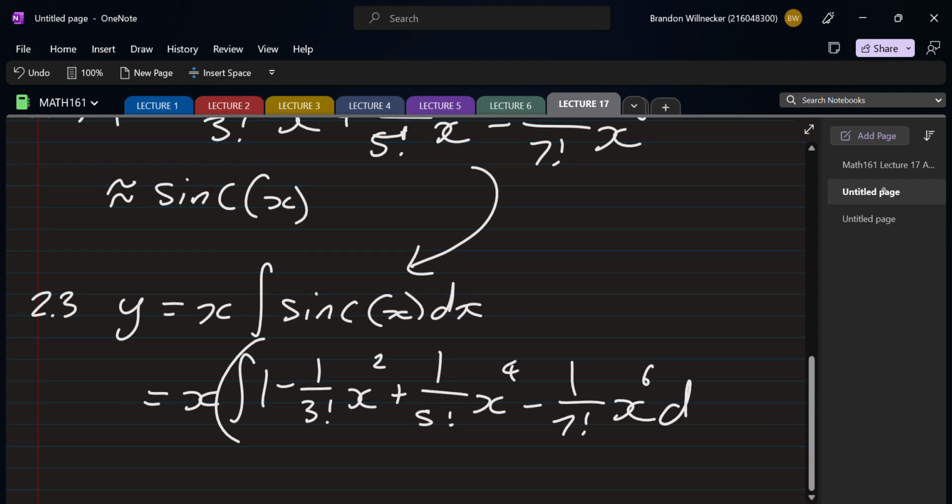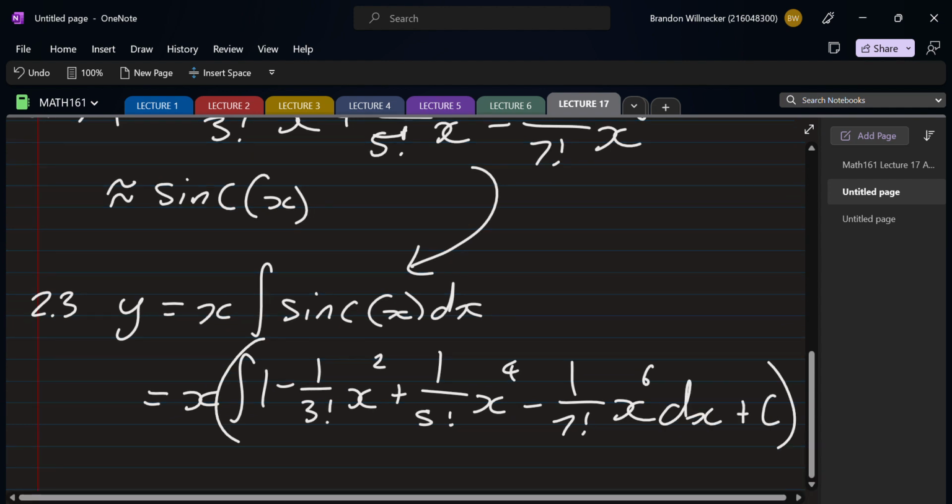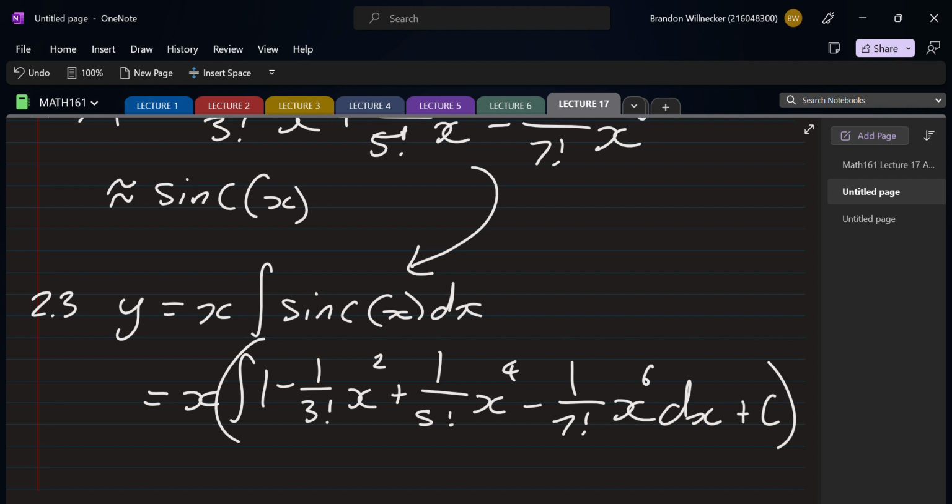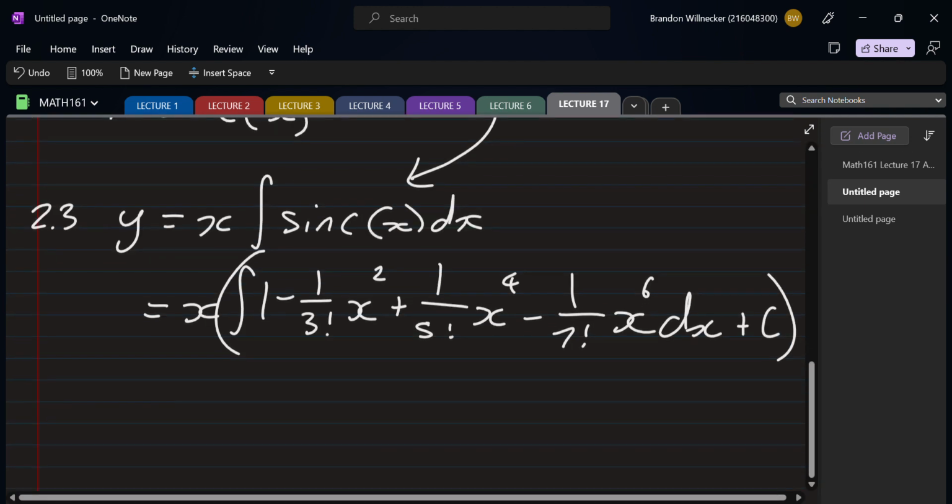And then you don't need to put the plus c now. You can put it once you're done with the integral. But we know for the indefinite integral, we're always going to have the plus c. So I just put it there so we don't forget it for later.